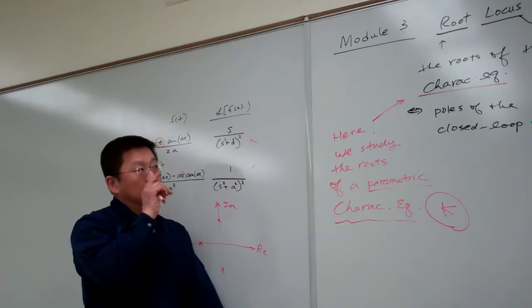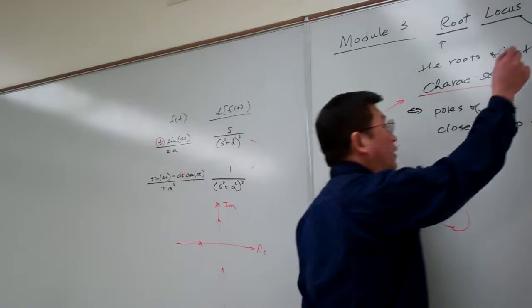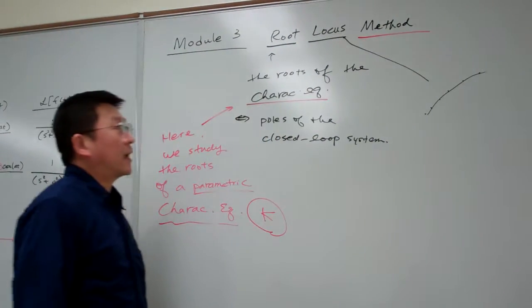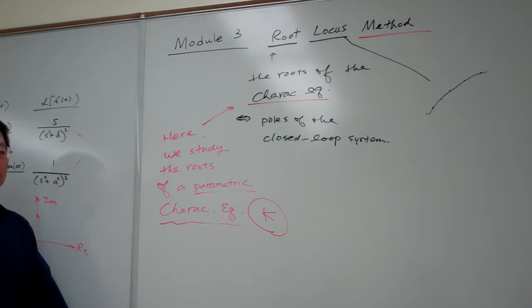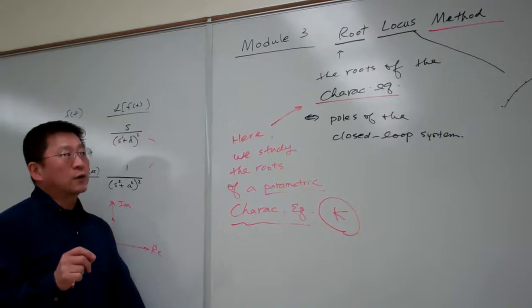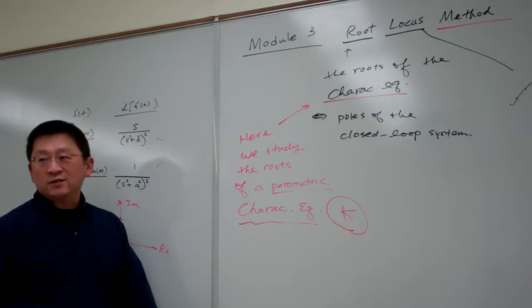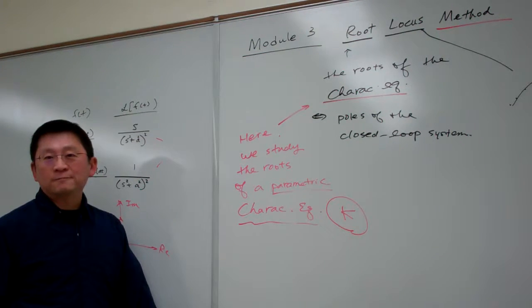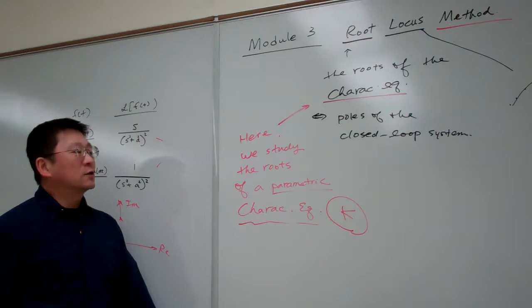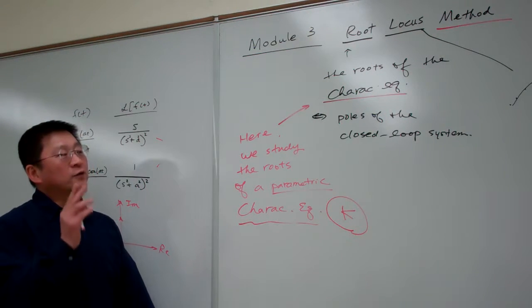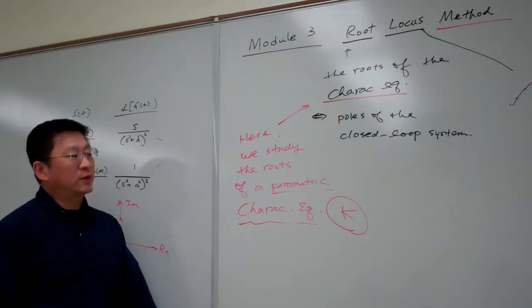So we want to develop a special method that allows us to systematically plot the locus of the roots for every possible value of k. That is our goal of learning in these chapters. Are we okay? Before I dig into the details, that's the big picture.